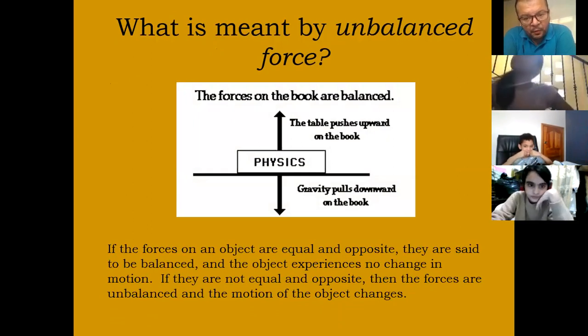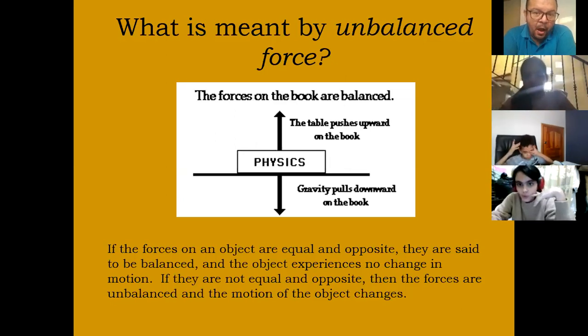If they are not equal and opposite, then the forces are unbalanced, and the motion of the object changes. For example, in this case, we can see in the graph the forces on the book are balanced. The table pushes upward on the book, and gravity pulls down on the book, right? It's something easy to understand.